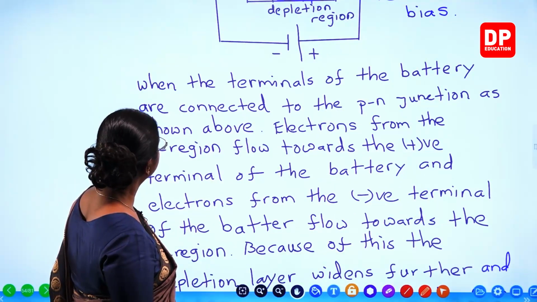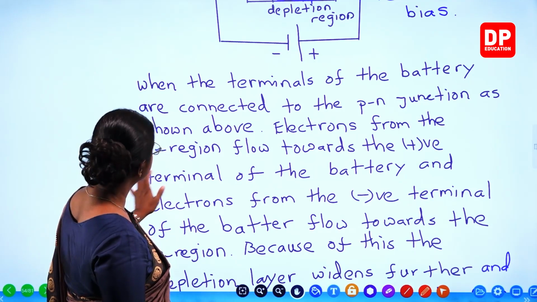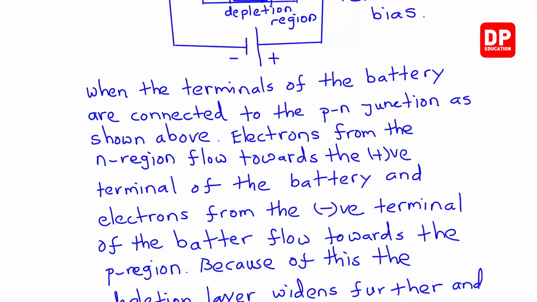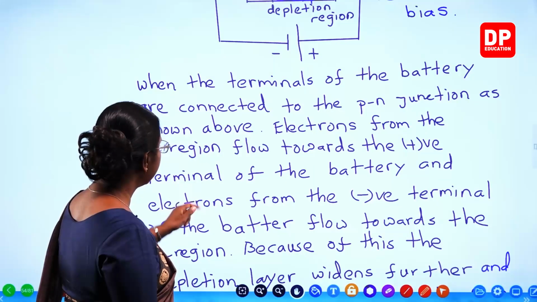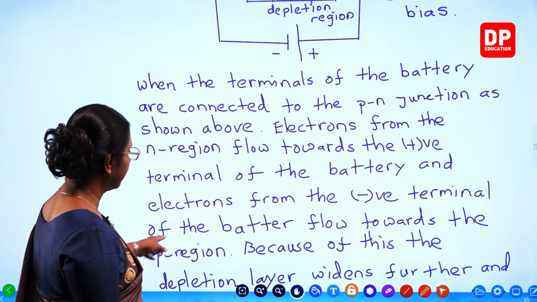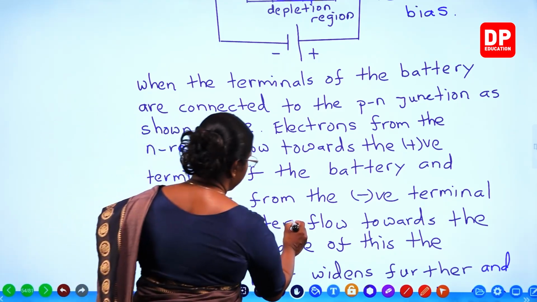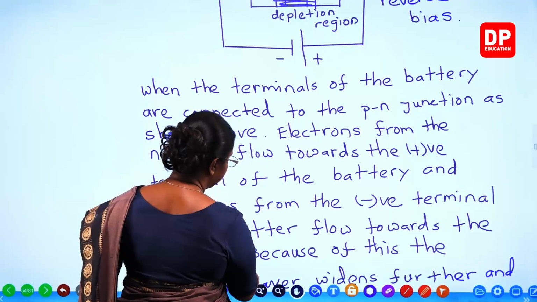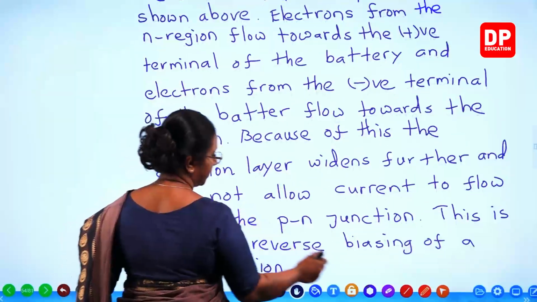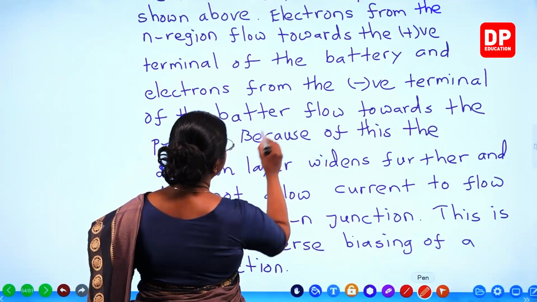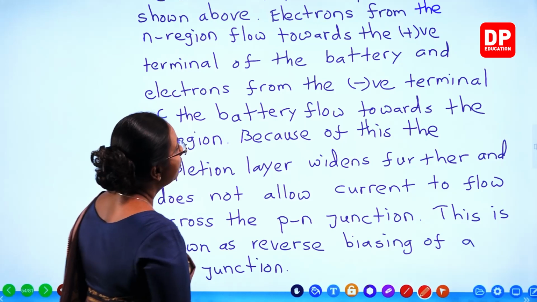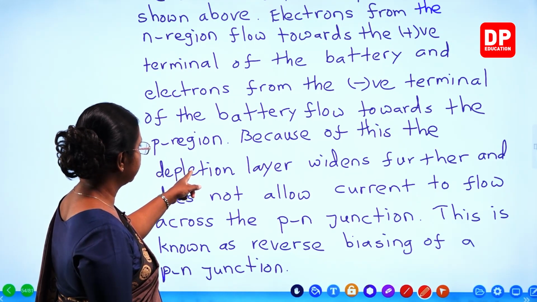When the terminals of the battery are connected to the PN junction as shown above, electrons from the N region flow towards the positive terminal of the battery and electrons from the negative terminal of the battery flow towards the P region.